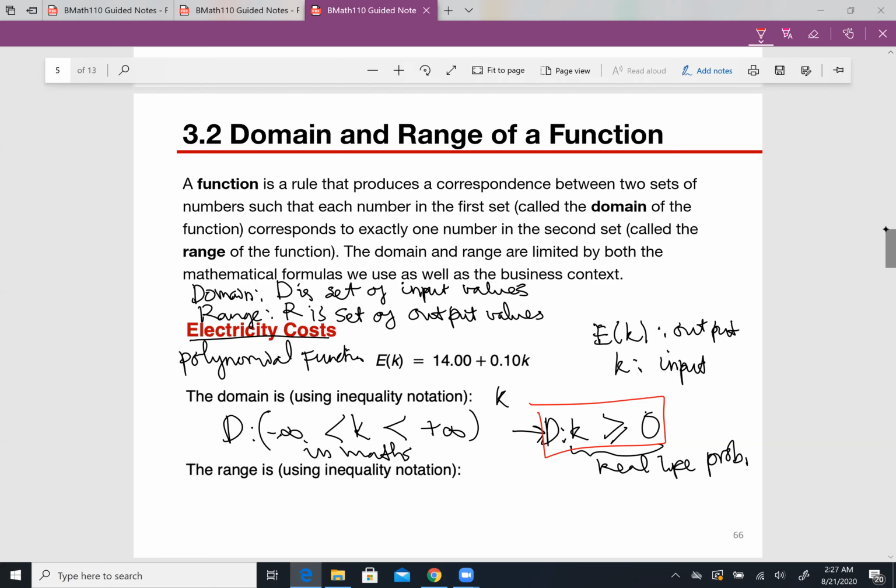What about the range in this problem? The range is the output of the function.